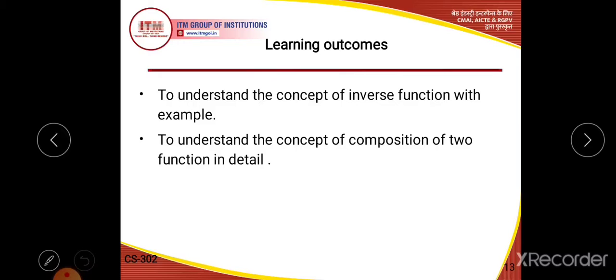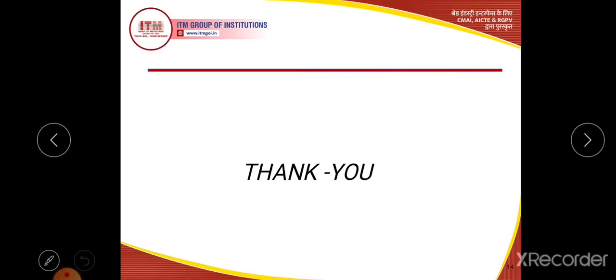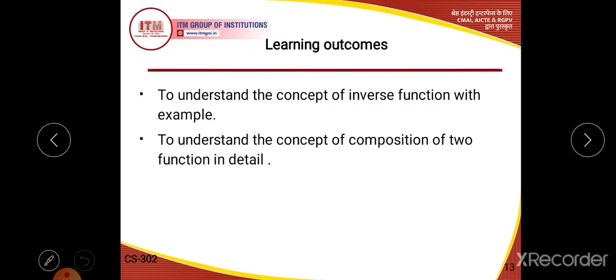So in this lecture, we understood composition. We have also learned about the composition of function on a finite set.